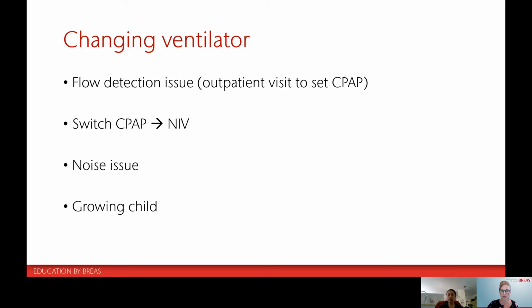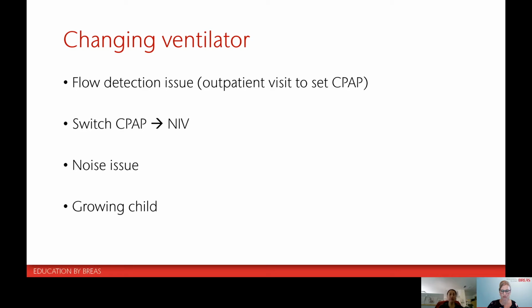If we choose an NIV device for CPAP ventilation, and the child weighs about 15 kilograms, and the NIV device for CPAP should detect patients above 13 kilograms, you feel comfortable thinking that it will fit perfectly.